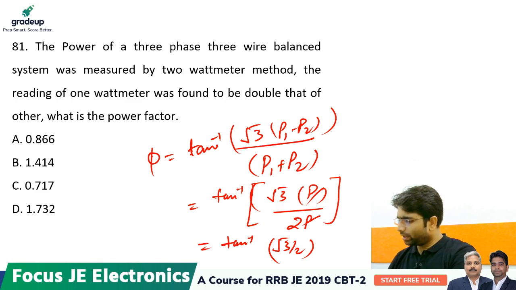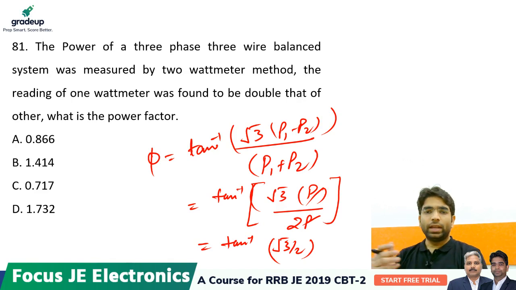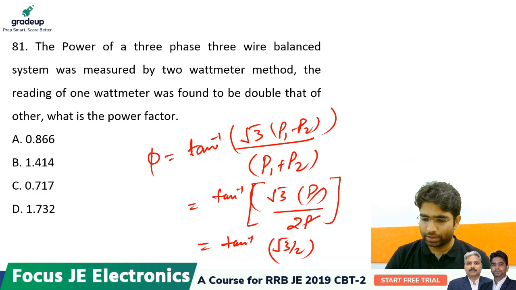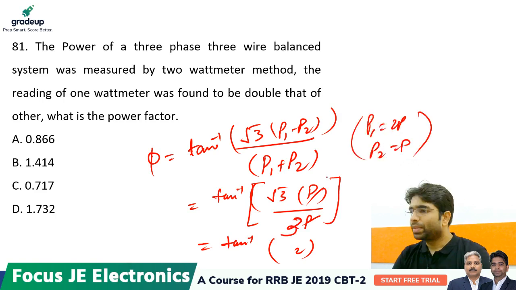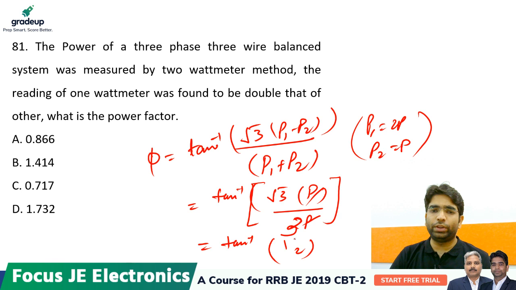Actually, in the denominator it will be 3P. If we take P1 as 2P and P2 as P, then the denominator is 3P and the numerator is P, and you will get 1 by root 3.